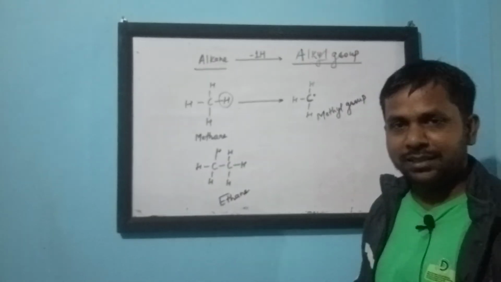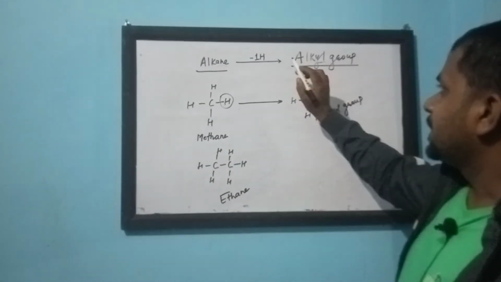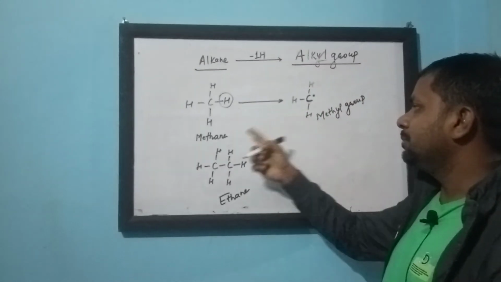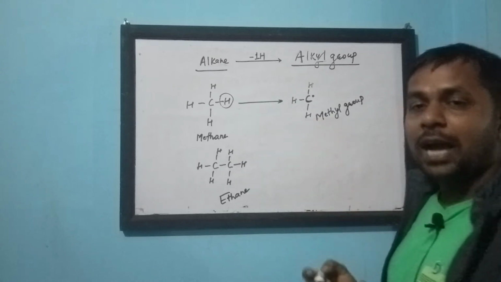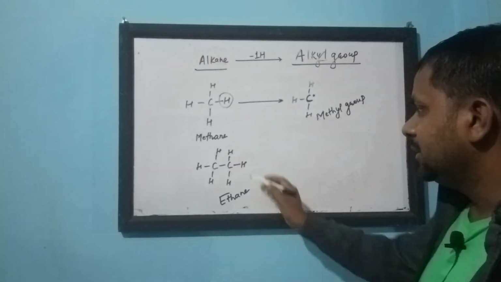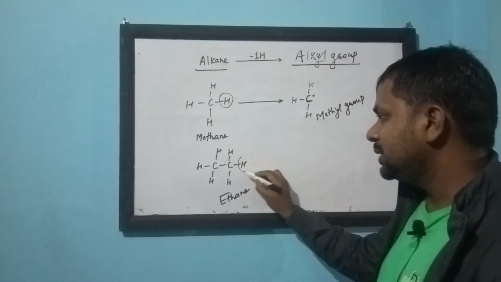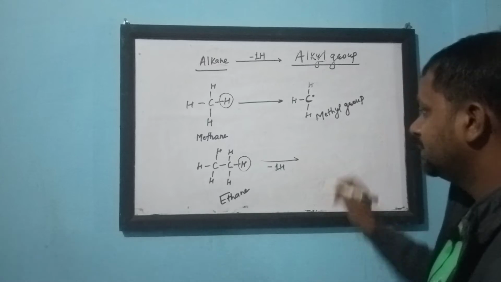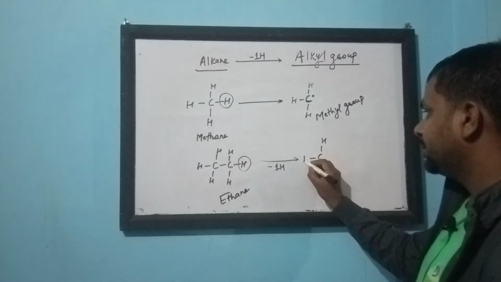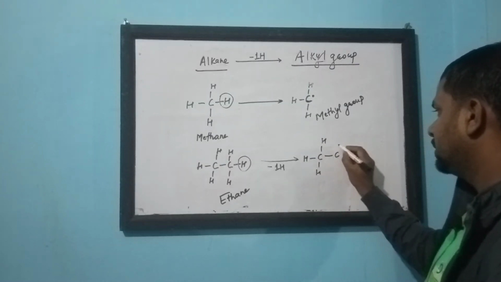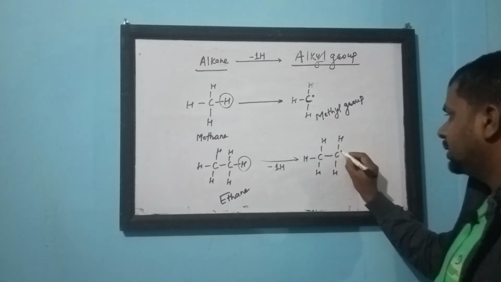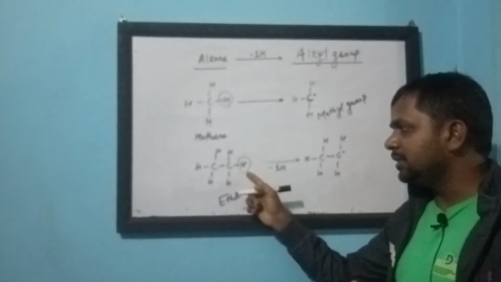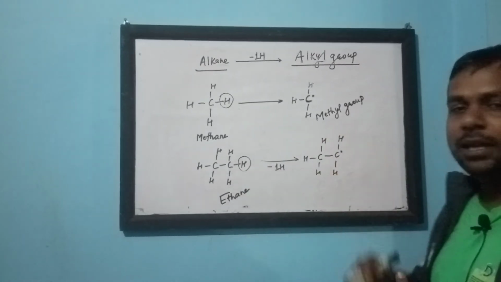I hope you are understanding this. This is alkyl group, but what is the name of this alkyl group? This is made from methane, so its name is methyl group. Similarly, this is ethane. When any hydrogen is removed, suppose this hydrogen is removed, then this becomes now alkyl group.